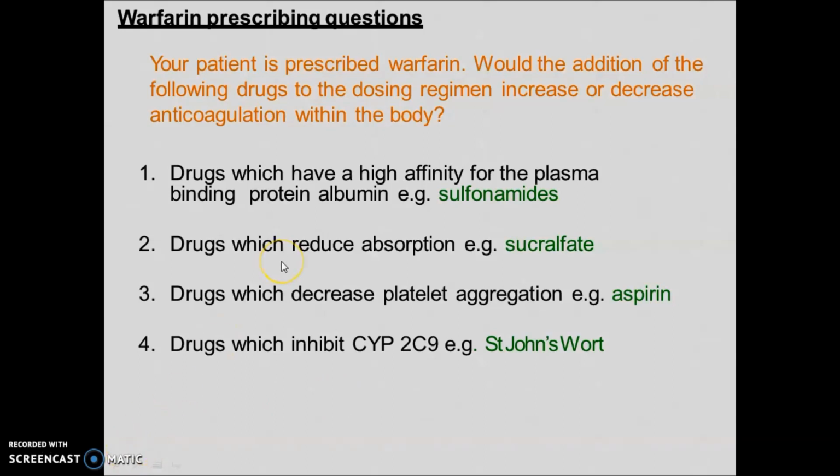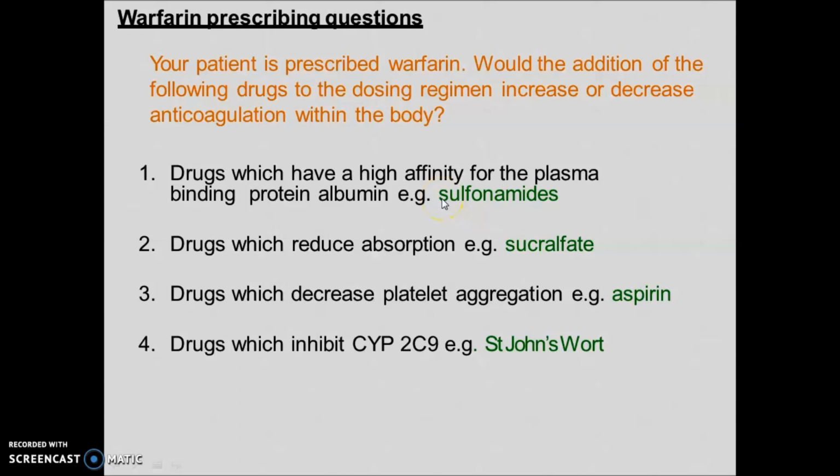So now dear friends, let's talk about a few questions. Now imagine that a patient is taking warfarin and some other drugs. Then what will happen to the coagulation mechanism in your body? So we'll talk about four important questions which are very important from your exam point of view. What if you give drugs which have a high affinity for the plasma binding protein albumin, like sulfonamides?